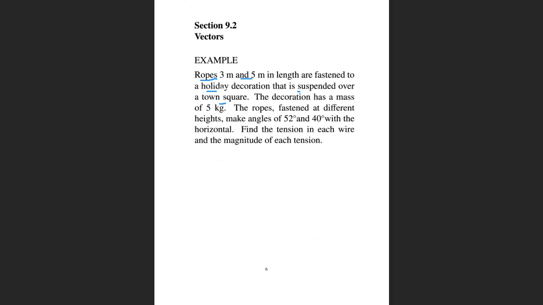The decoration has a mass of 5 kilograms. The ropes fastened at different heights make angles of 52 degrees and 40 degrees with the horizontal. Find the tension in each wire and the magnitude of each tension.